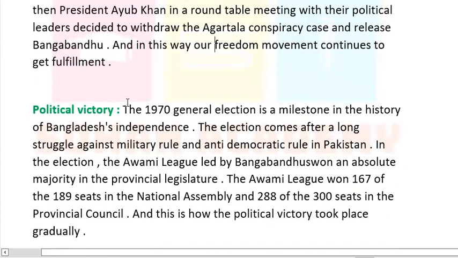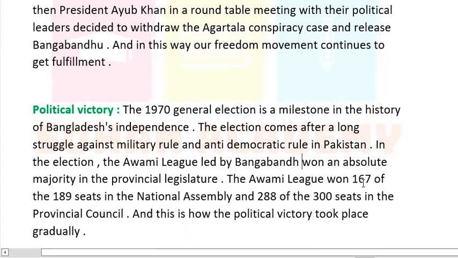Political victory. In 1970, the general election is a milestone in the history of Bangladesh's independence. The election came after a long struggle against military rule and anti-democratic rule in Pakistan. In the election, the Awami League led by Bangabandhu won an absolute majority in the provincial legislature.